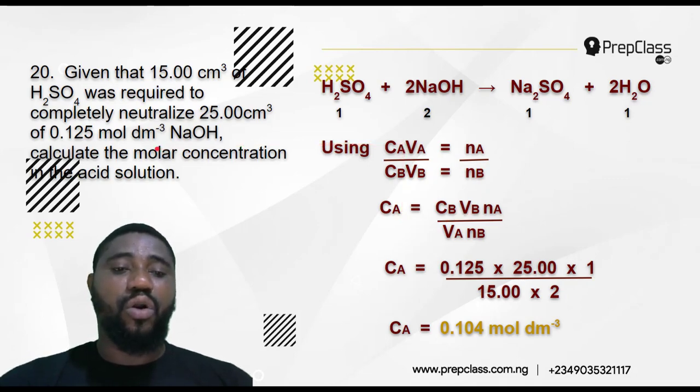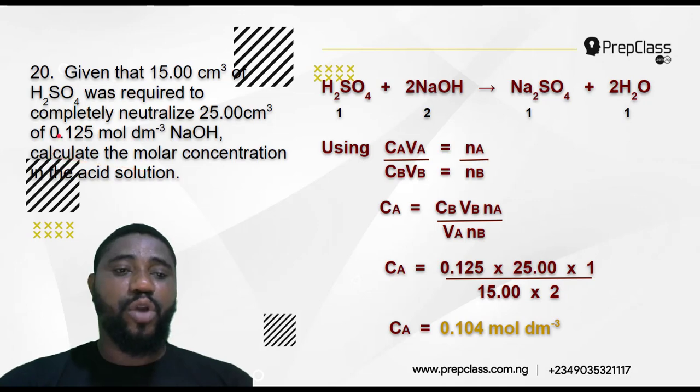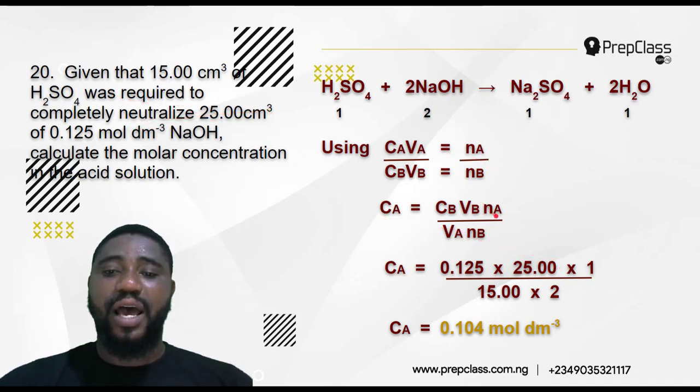Now we are looking for the molar concentration of the acid solution. So if you make CA the subject of the formula, you have CB VB NA over VA NB. So CA becomes the concentration of the base, 0.125 mol NaOH, times the volume of the base, which is 25 cm³, times the mole ratio of the acid, NA, which is 1, all over the volume of the acid.